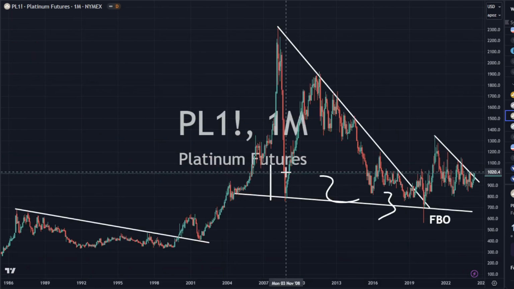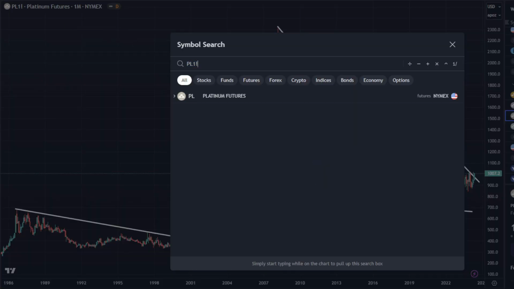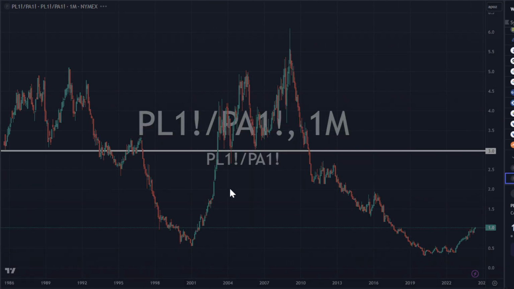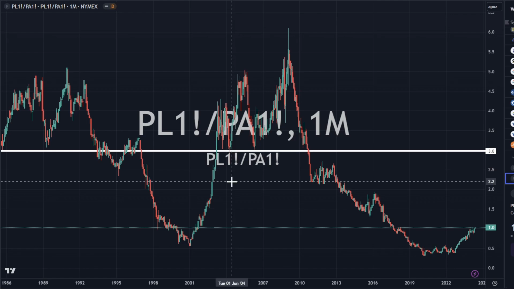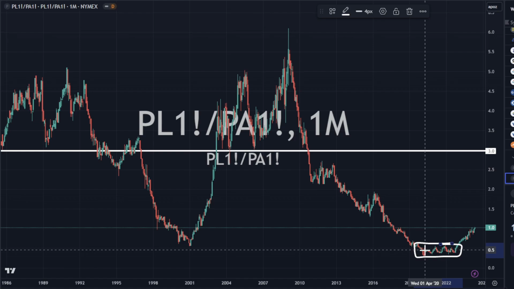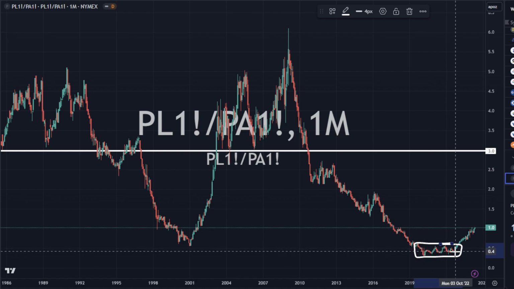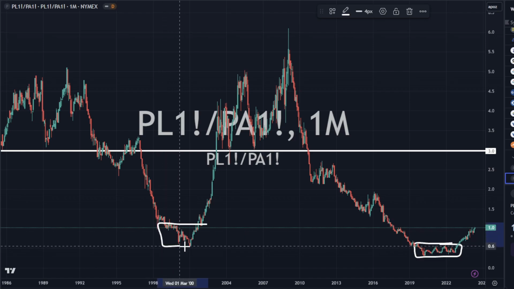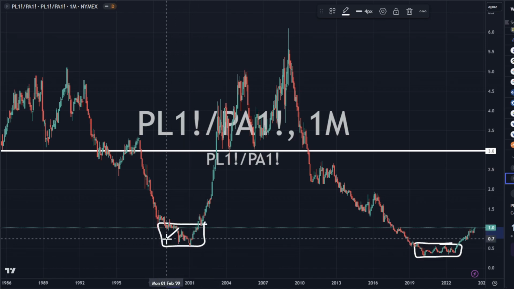Now, another thing that I look at, not just what we just did right there, is I look at a lot of the ratios. So if I look at platinum and I price it against palladium, which are both platinum group metals, we've got rhodium too. We can maybe look at rhodium, I guess, but we can see that platinum was really, really, really cheap down here from March 2020 all the way till about October 2022. Another key bottom at the beginning of the last bull market was this box in here.